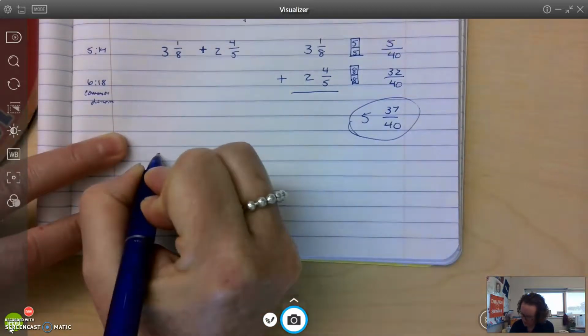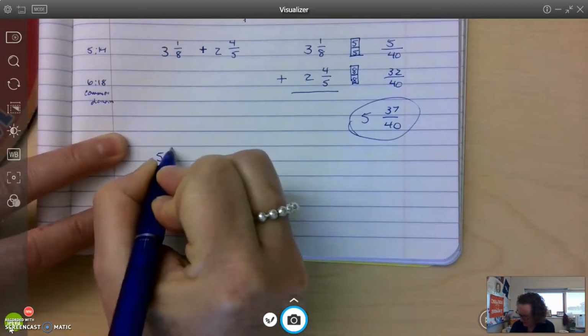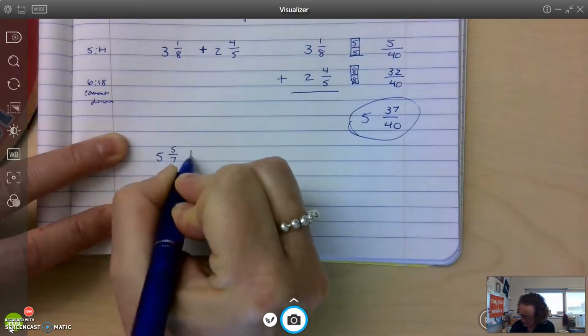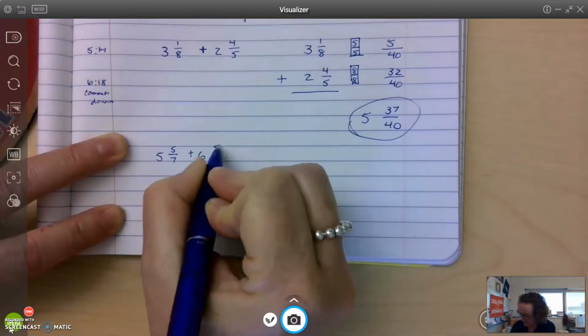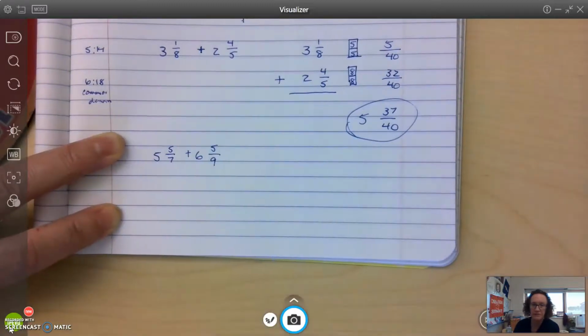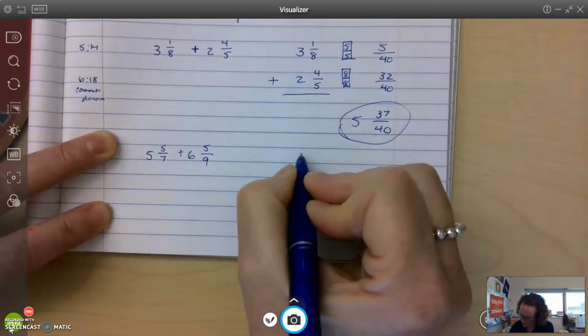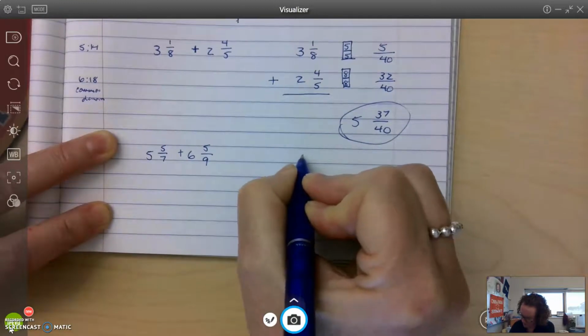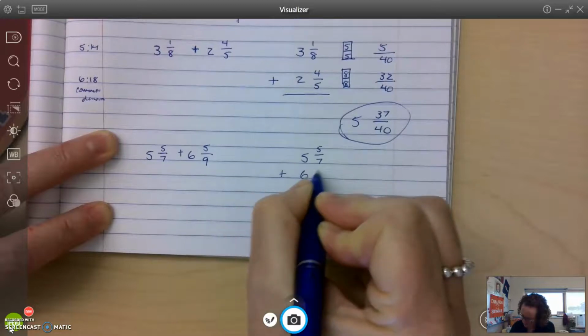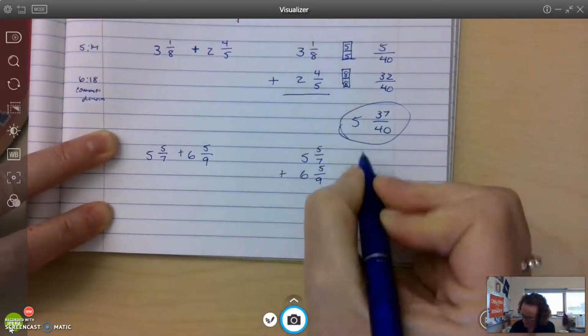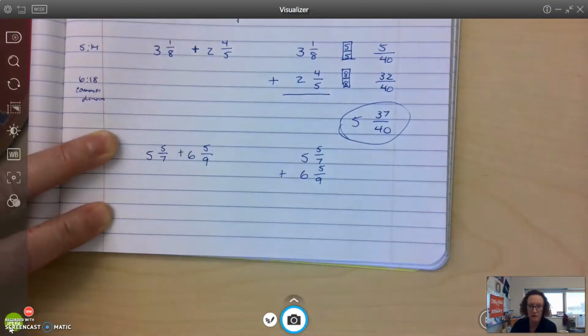Our next example will be 5 and 5/7 plus 6 and 5/9. So again, I want to write it horizontally. I want to find a common denominator.